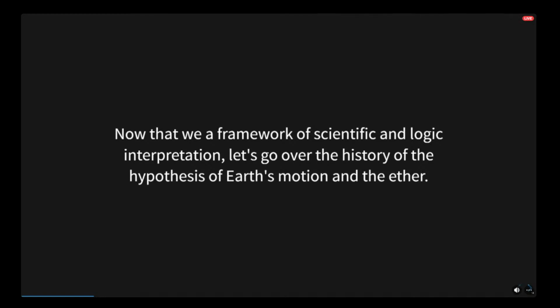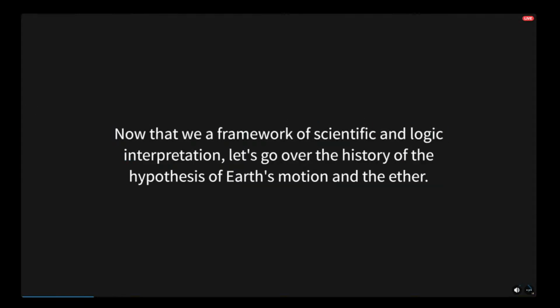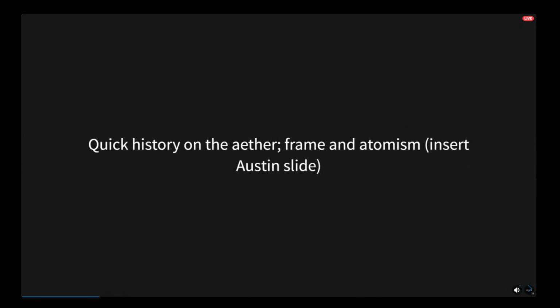All right, now that we have our framework of interpretation, our logical framework, we've deduced some things, we've applied what we've learned, we've gone over the history, and we have a framework now. Let's go through the history of this.